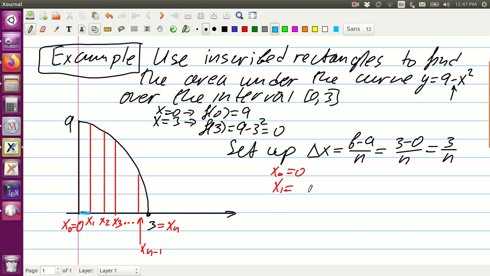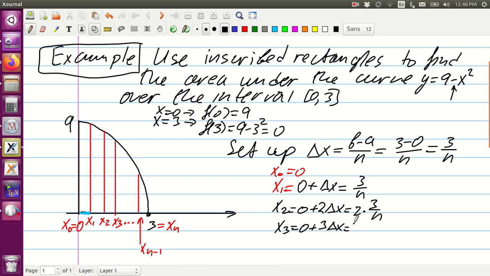Therefore x1 will be 0 plus delta x, so in our case 0 plus 3 over n. x sub 2 will be 0 plus 2 delta x, so it's 2 times 3 over n. x sub 3 will be 0 plus 3 delta x, so it's 3 times 3 over n.